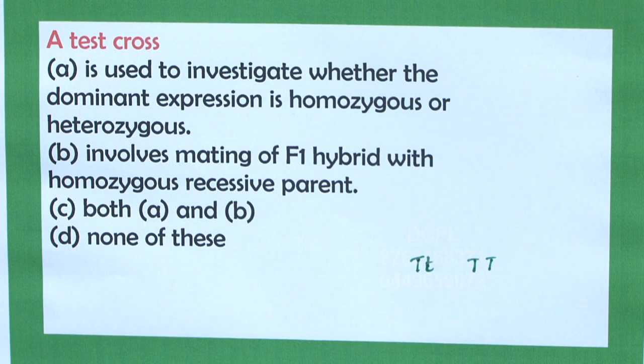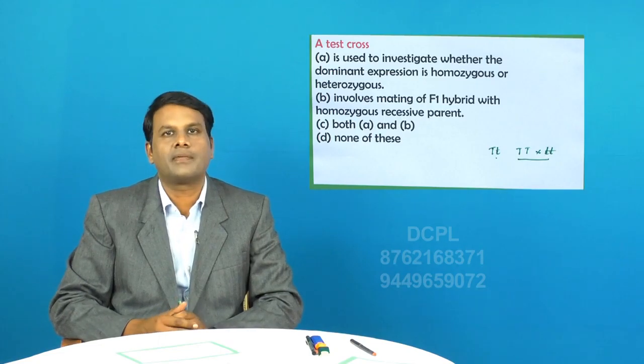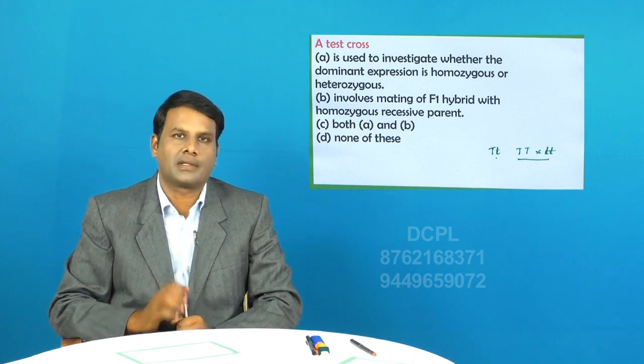But we do not know whether the plant showing a dominant phenotype is in heterozygous or homozygous condition. To identify this, the plant is crossed with a recessive parent, that is a dwarf plant, homozygous recessive. This cross is called a test cross. So, Mendel conducted test crosses to identify the genotype of an unknown plant.